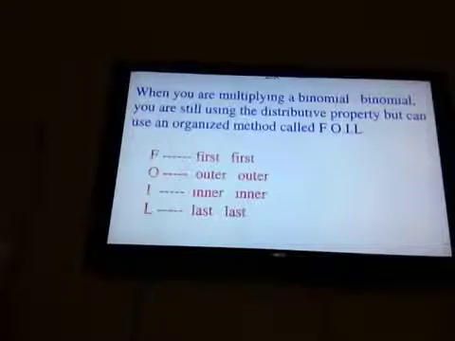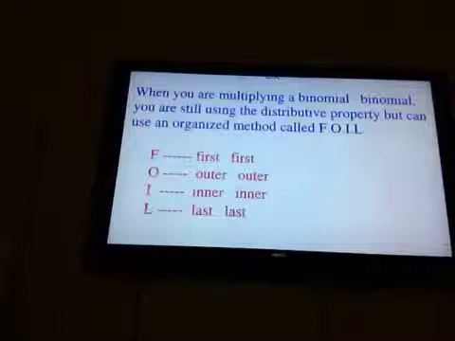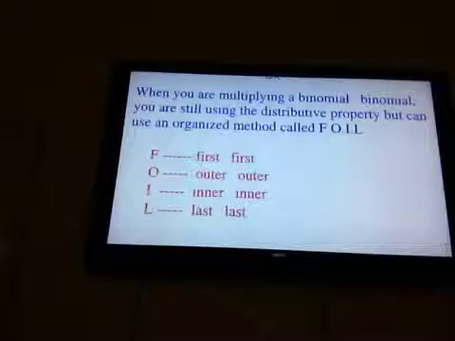It really is not important for goal 3. It's really not important because all you're doing is applying the distributive property twice. It's really what you're doing. I'm going to make sure you see that, okay? However, the concept of FOIL is hugely, hugely important for how I teach factoring in goal 4.